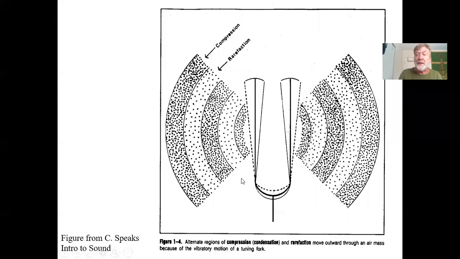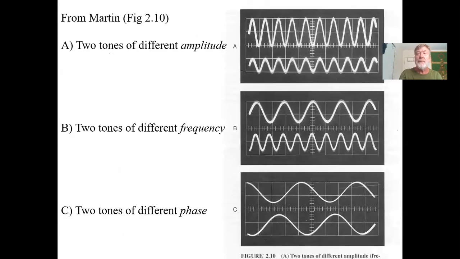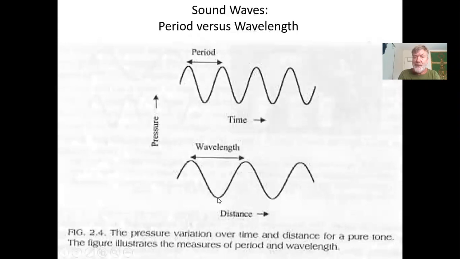Okay? With bass, you have fewer cycles per second. So with bass, you have a longer period. Let's go to the slide again. With bass, so the bottom sound would be a bass sound. It has a longer period and a longer wavelength.